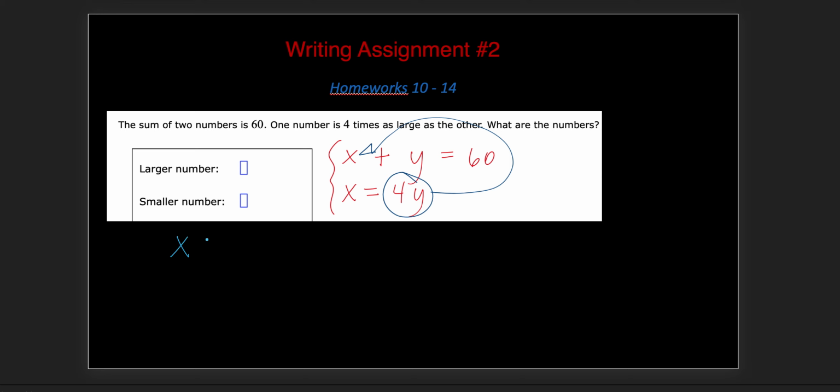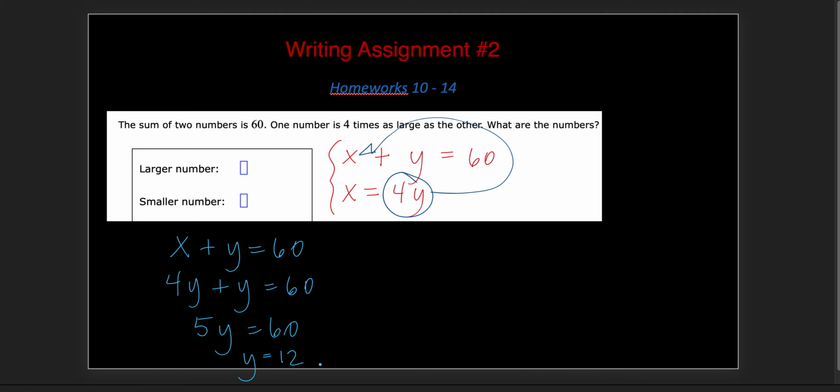I'll write down x plus y equals 60 first, and since x is 4y, I'm going to plug in 4y plus y equals 60, and then 5y equals 60, so I just solve for y, and I know 12 times 5 is 60, so y is 12.